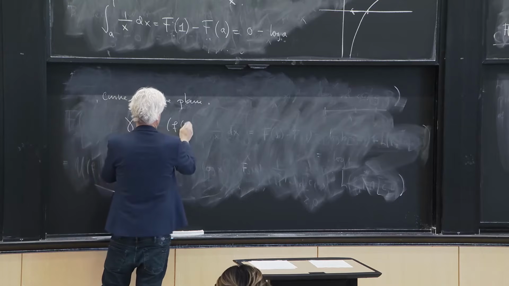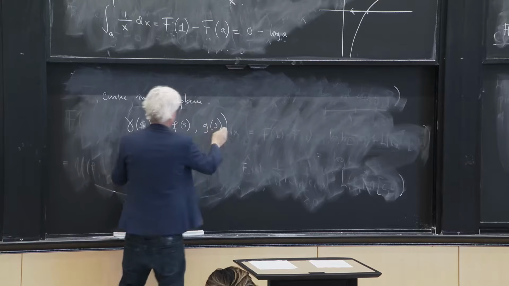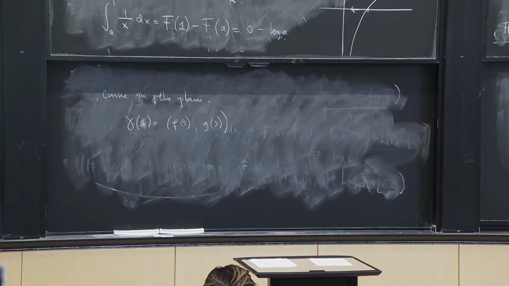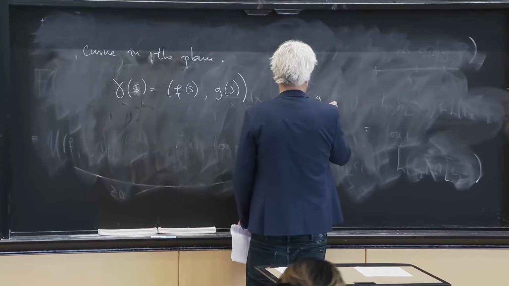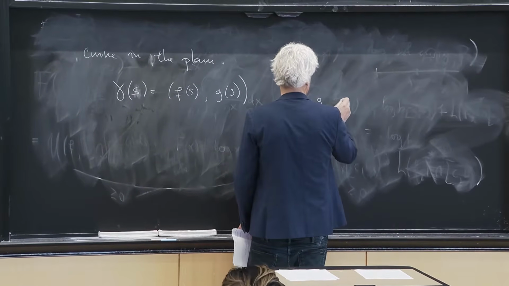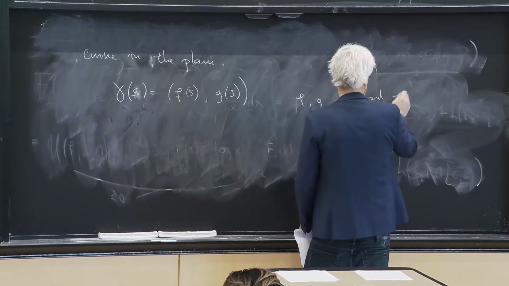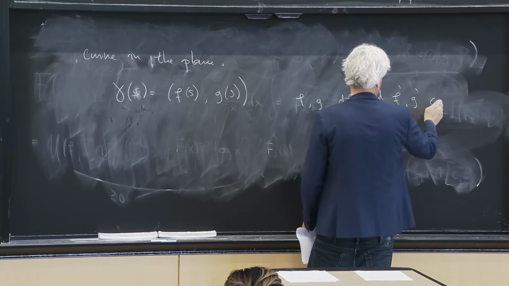I think that's what I did in the notes. So this is the curve, and I'm assuming that f and g are differentiable, and the derivatives are continuous.